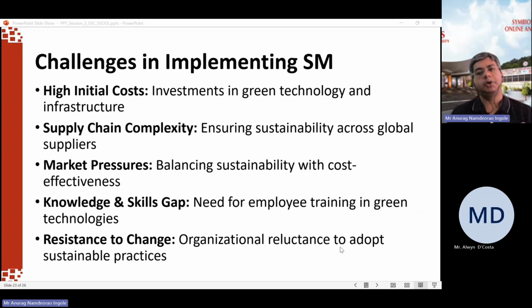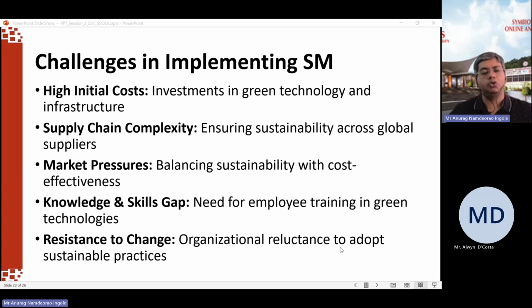Supply chain complexity. Ensuring sustainability across global suppliers is a challenge. One challenge which we discussed about the sustainable supply chain was having a global supply chain. You have your raw material being sourced from Vietnam, which is getting processed in China, then somewhat in India, and then you are sending that semi-finished good out of India to the US for final assembly.